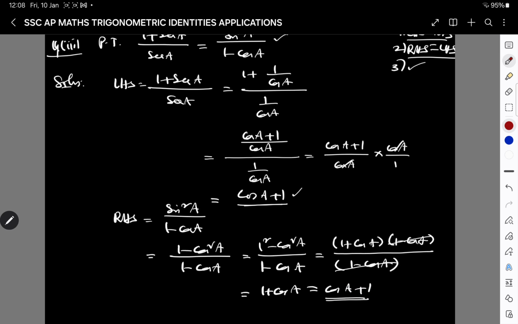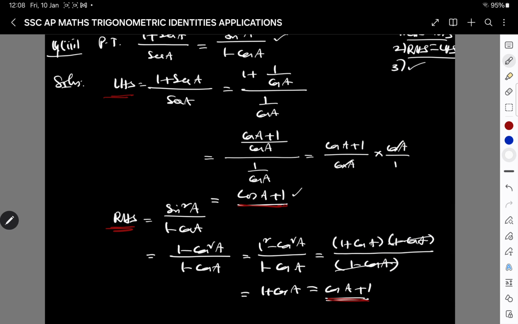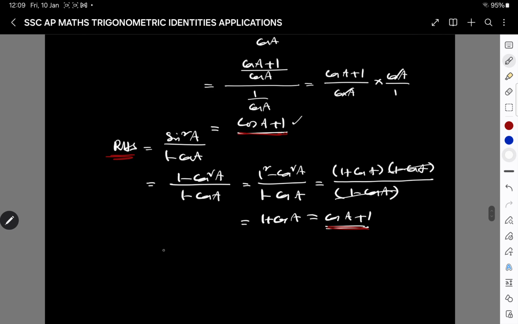So you started with LHS and you are able to get cos A plus 1. You started with RHS, again it is cos A plus 1. So in both the cases it is proved that LHS is equal to RHS. Therefore LHS is equal to cos A plus 1 is equal to RHS.